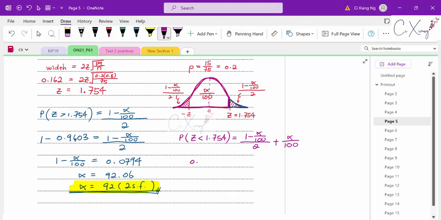So you can put 0.9603 equals to 1 minus alpha over 100 divided by 2, then plus alpha over 100. Then you continue to rearrange the equation and get the alpha. By right, your alpha should also be 92, correct to two significant figures. So there are options for you, which area you want to refer to and simplify to get the value for alpha. Alright, so this is how we solve question number 3.